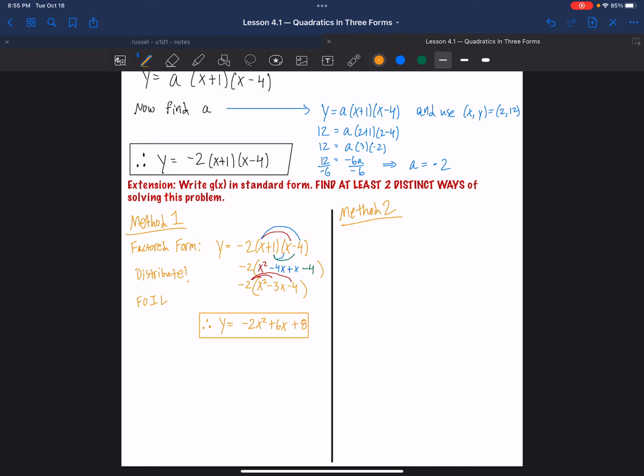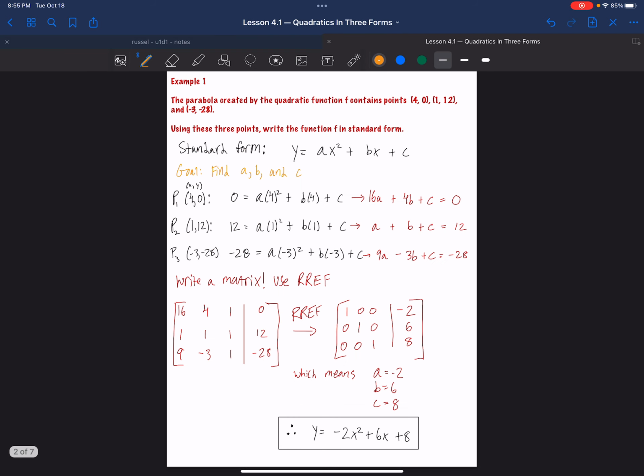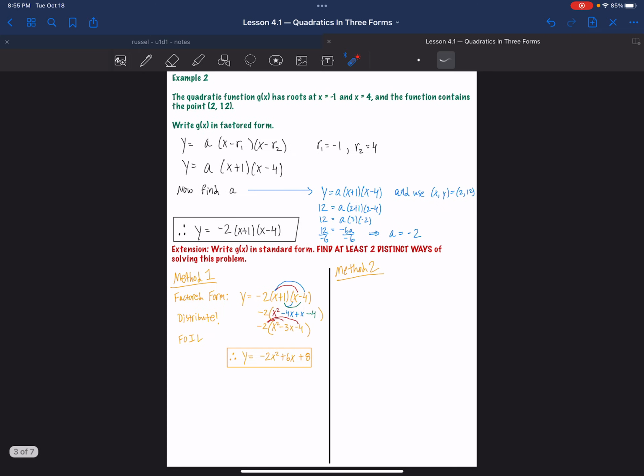Now remember, in example 1, we had 3 points, and as long as you have 3 points, you can create a matrix to find the coefficients in standard form.